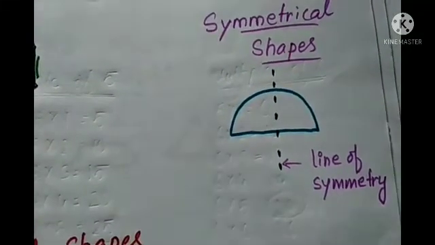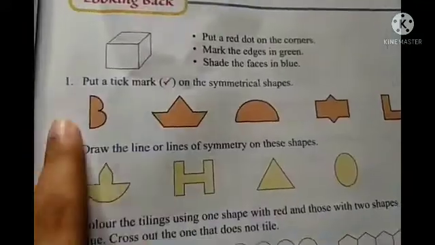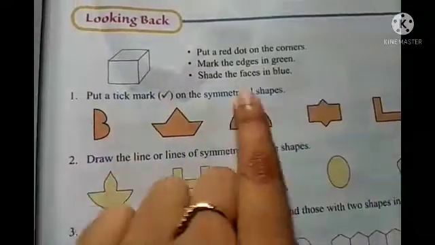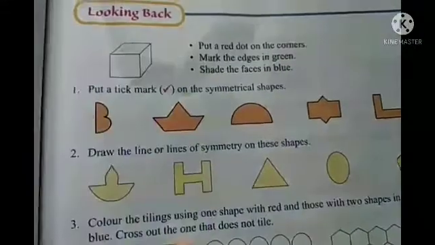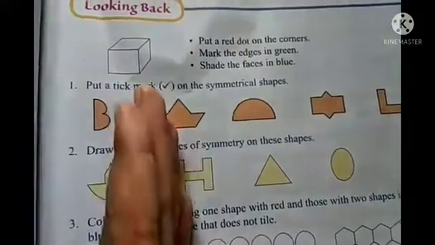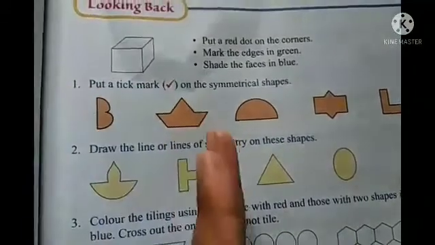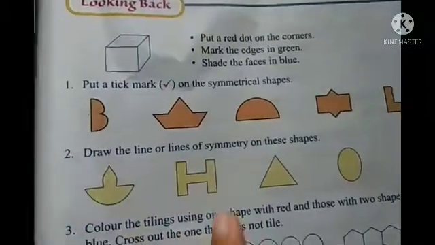So in your book also some questions are given. Here you can see, put a tick mark on symmetrical shapes. So you have to see in which one you can draw this line of symmetry. If it divides the shape into equal parts, then it will be a symmetrical figure.